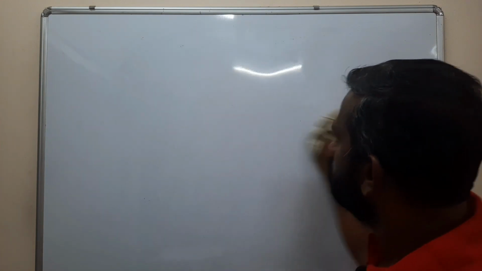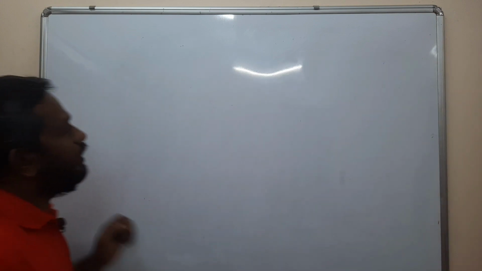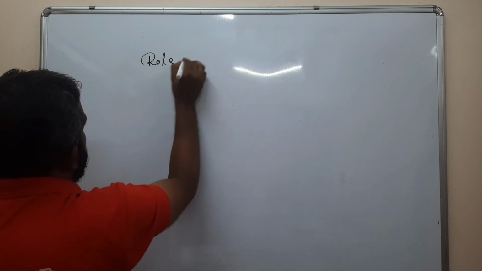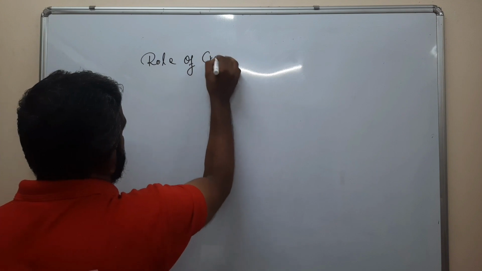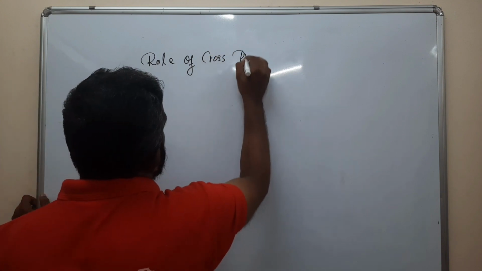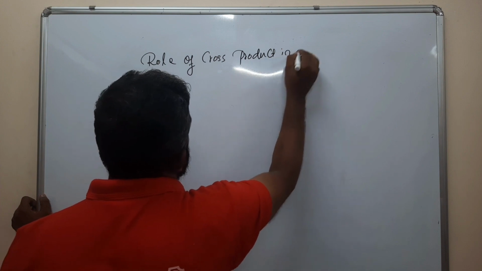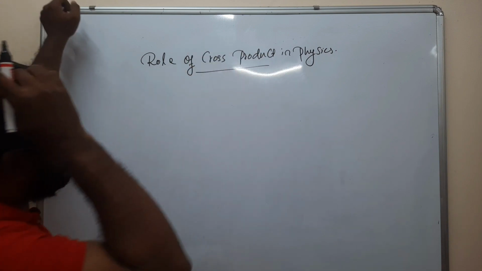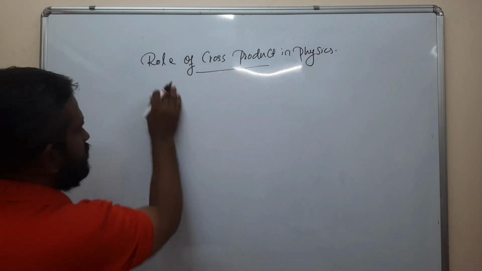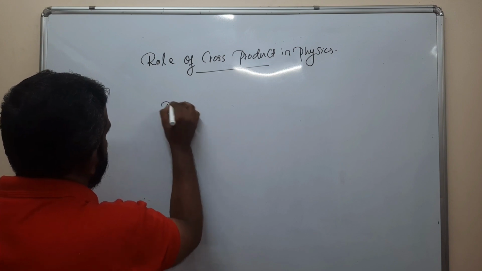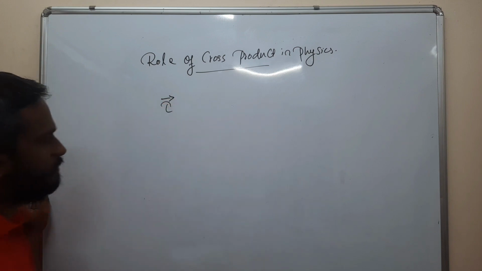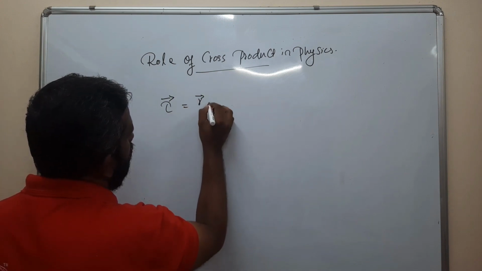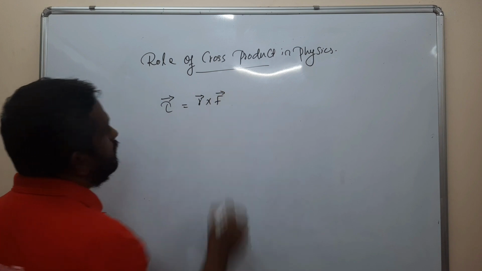So what is the role of the cross product in physics? We have a quantity in physics, torque, tau vector, which is equal to the cross product of r vector and F vector.